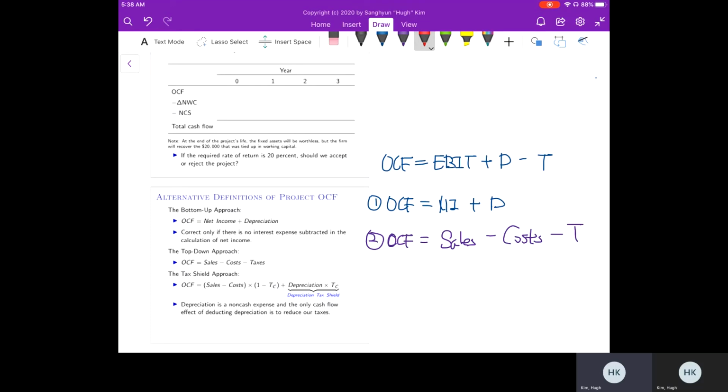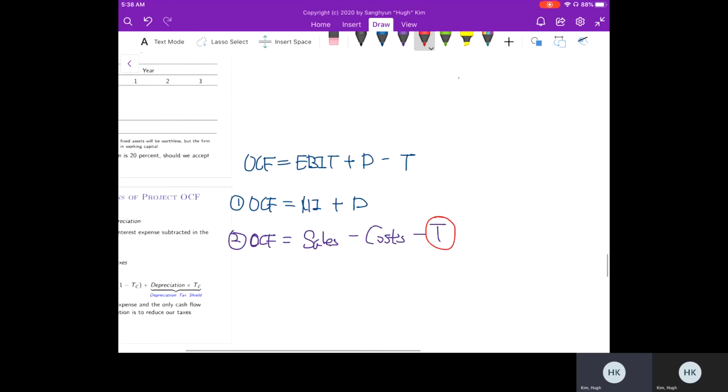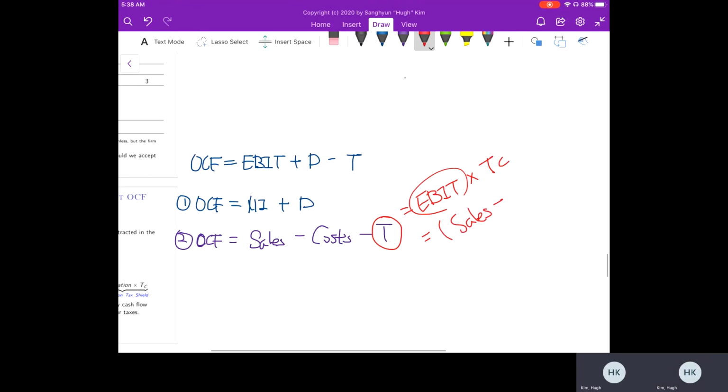So from the top-down approach, the taxes are equal to EBIT times the tax rate in our capital budgeting analysis when interest expense is removed. So the EBIT is equal to sales minus costs minus depreciation.